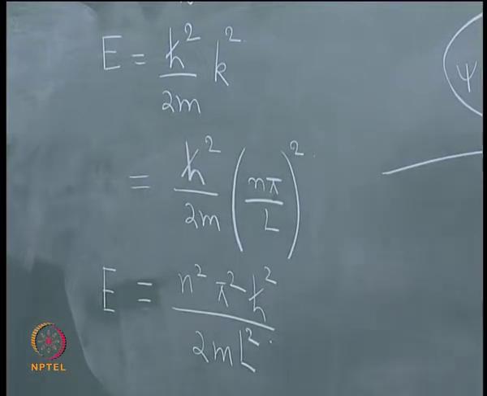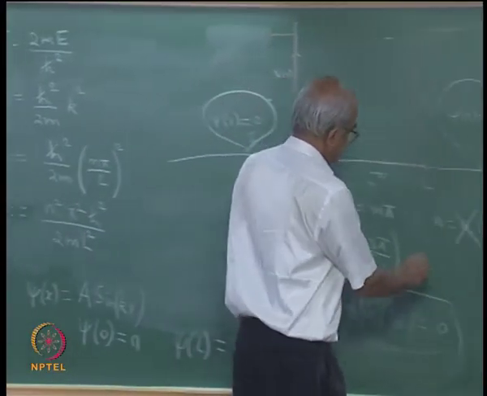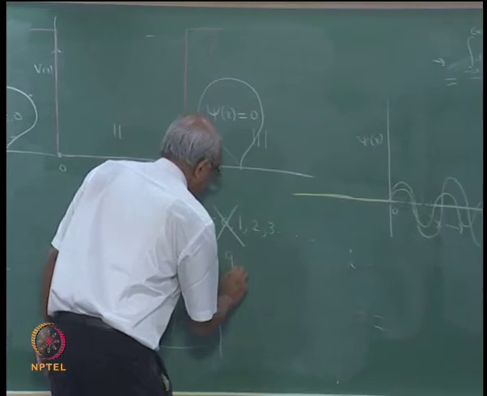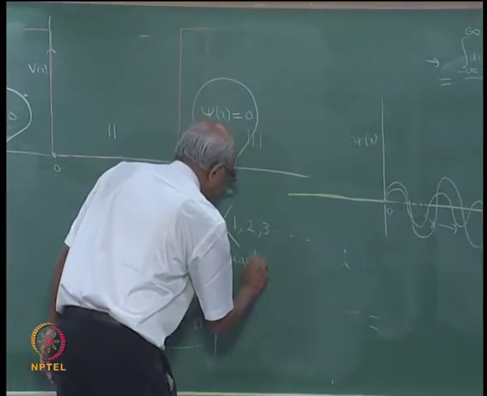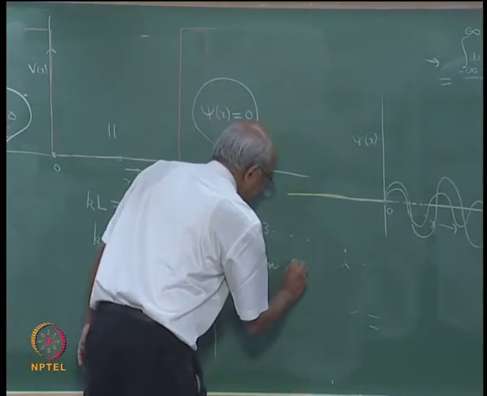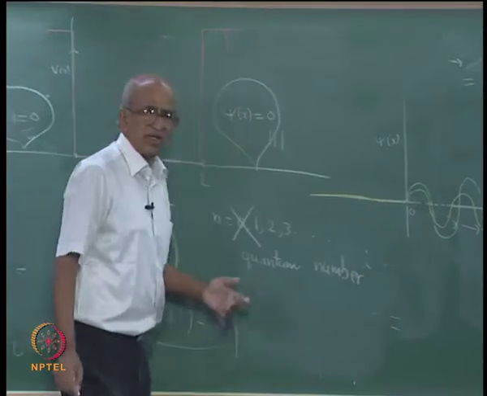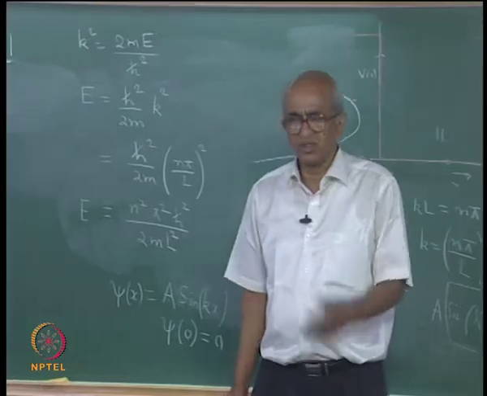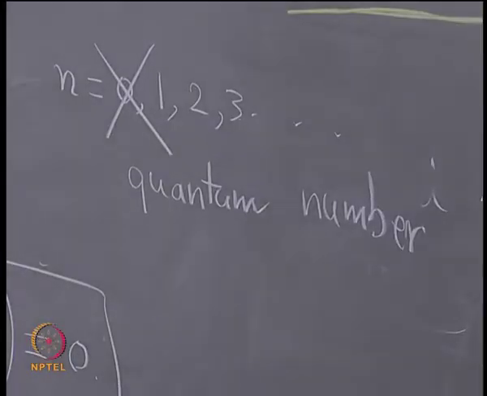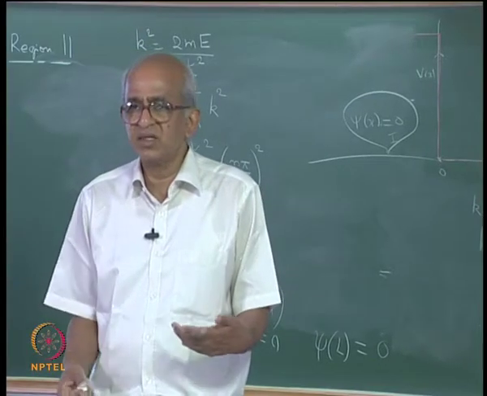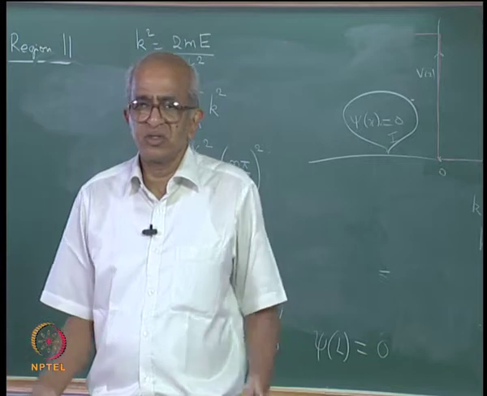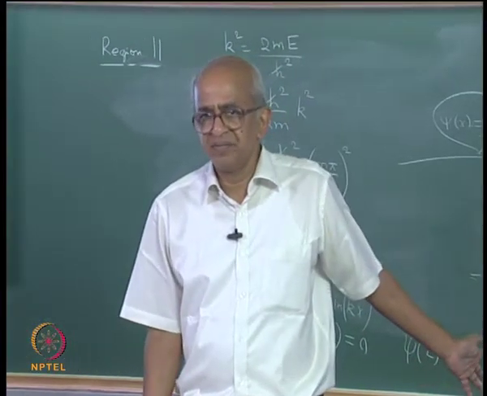And this n is referred to as a quantum number. Notice that it has come about automatically. All that I did was try to solve the Schrodinger equation satisfying the acceptability conditions, and once I imposed these conditions, I found that suddenly in the solution there is this quantum number n.